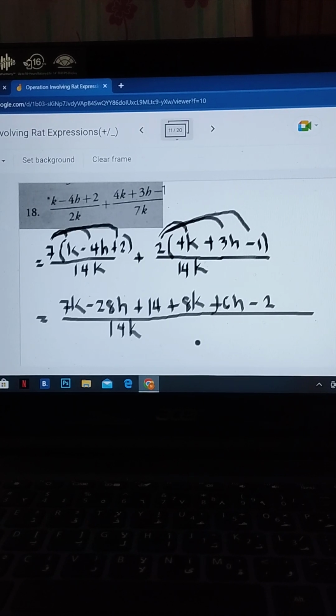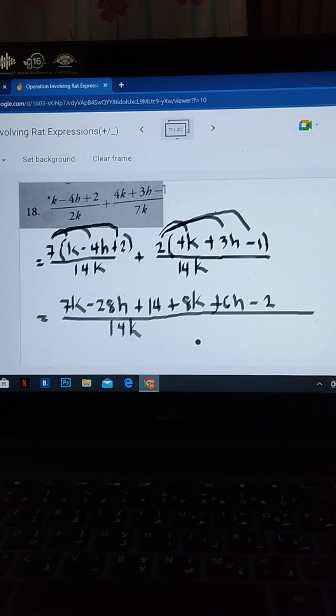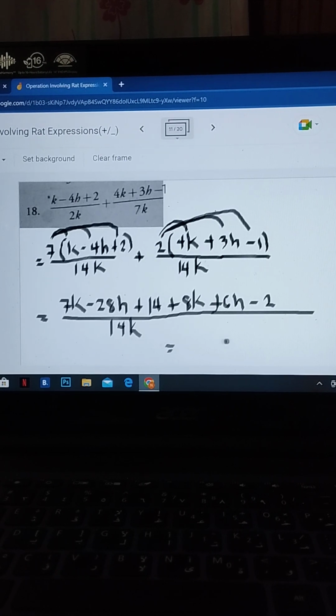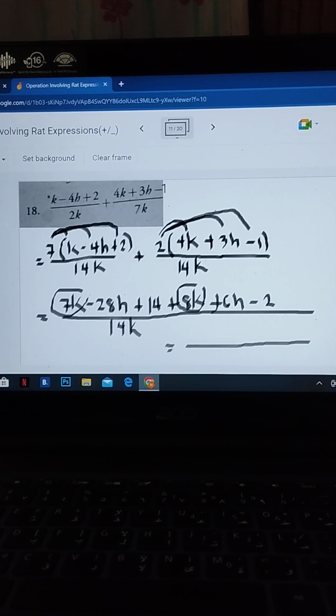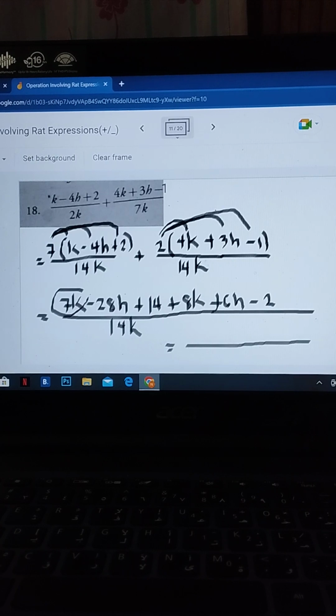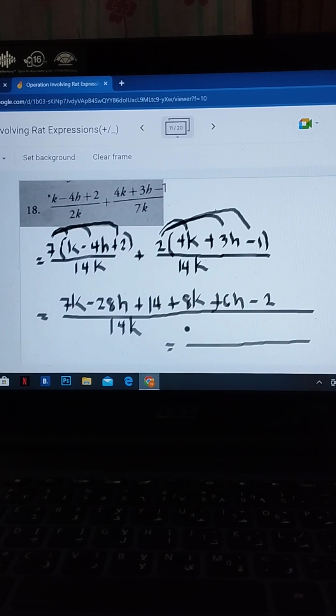Okay, so our answer now is, no space, I will just write it here. 7k combined with 8k. So adding like terms in the numerator, that is 15k.